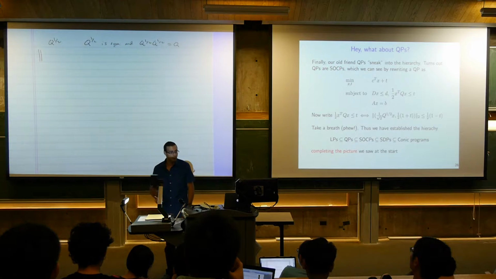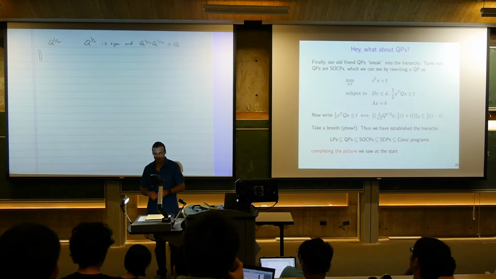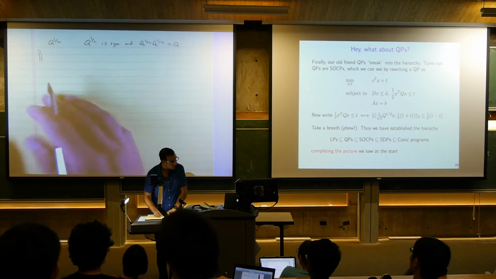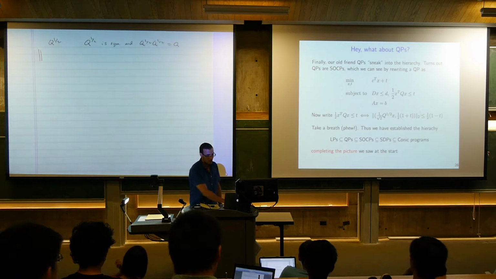If Q is positive semi-definite, then we can always find such a matrix. And I'm going to rewrite this constraint, 1/2 x transpose Qx less than or equal to t, in the following form.